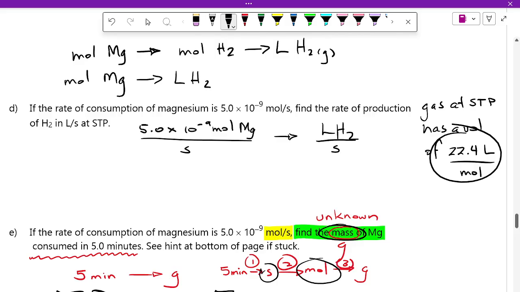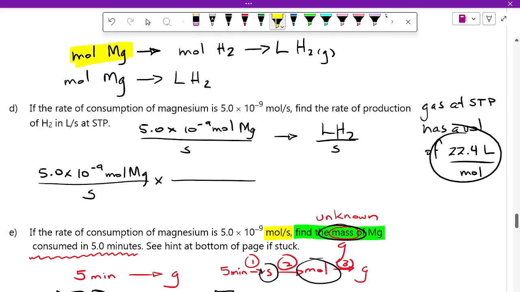So we would have then 5.0 times 10 to the negative 9 moles of magnesium per second times, and then we would need to cancel moles of magnesium and find moles of hydrogen.